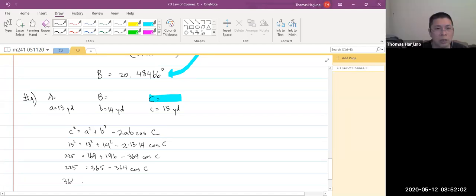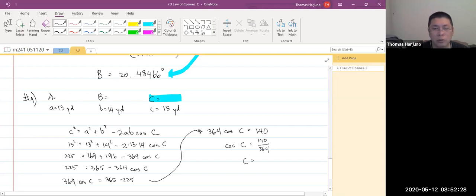364 cosine C equals 365 minus 2.5. So 364 cosine C equals 140. So cosine C is 140 over 364.